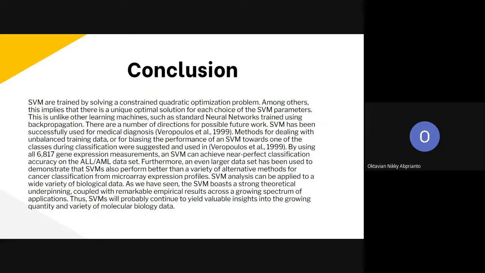By using all 6,817 gene expression measurements, an SVM can achieve near perfect classification accuracy on the ALL or AML dataset. Furthermore, an even larger dataset has been used to demonstrate that SVMs also perform better than a variety of alternative methods for cancer classification from microarray expression profiles.